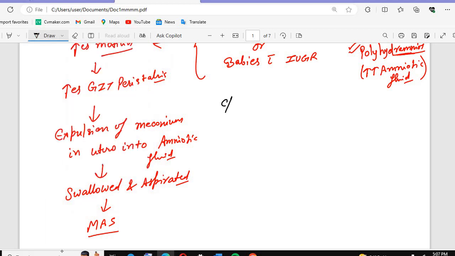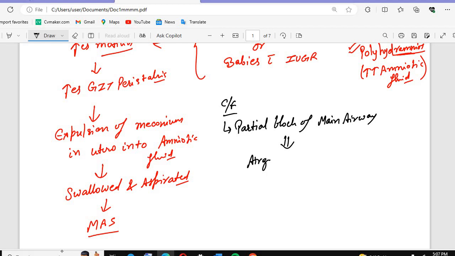See, what clinical features will we see? The clinical features that we see in this condition: there will be a partial block of the main airways, due to which the air gets trapped inside the lungs.